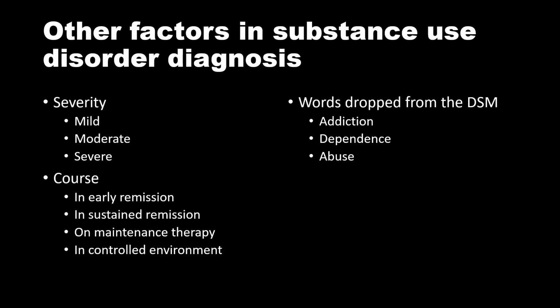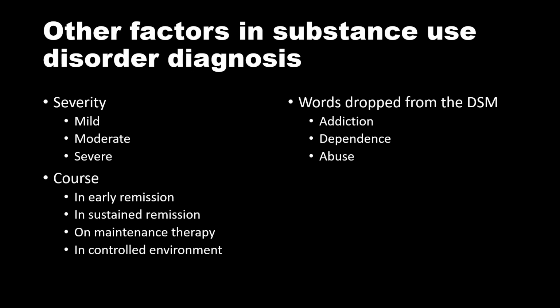There are also specifiers for the course. Is the use in early remission, or is it in sustained remission? Are they abstinent from drugs of abuse while on maintenance therapy for using some other medication? And has their abstinence only happened when they are in a controlled environment, meaning in jail or prison or somewhere where they are not able to freely access drugs?